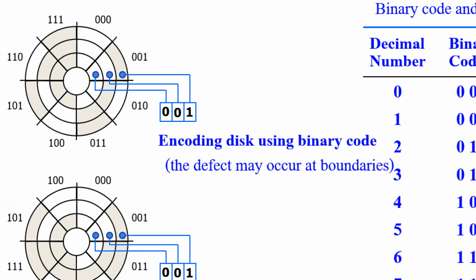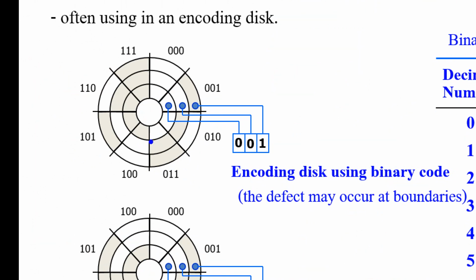Anyway, in practice, some problems occur. For example, if I paint the color for this area, but some color is over into this area or this area.